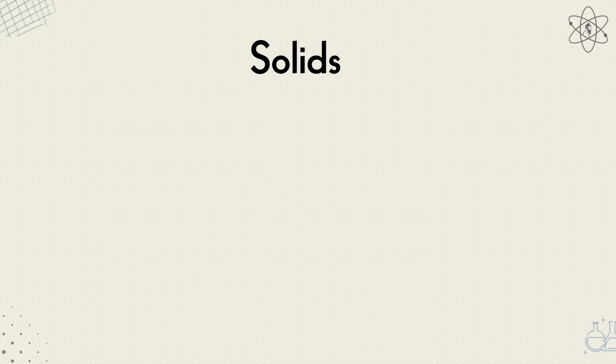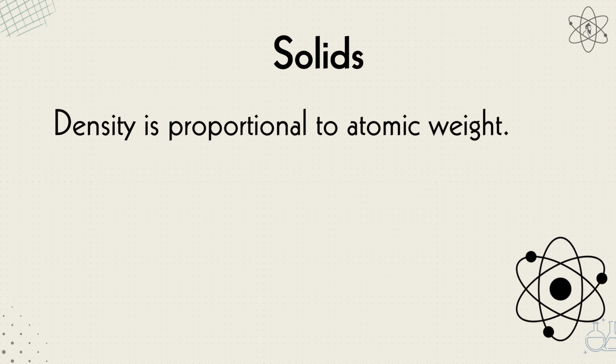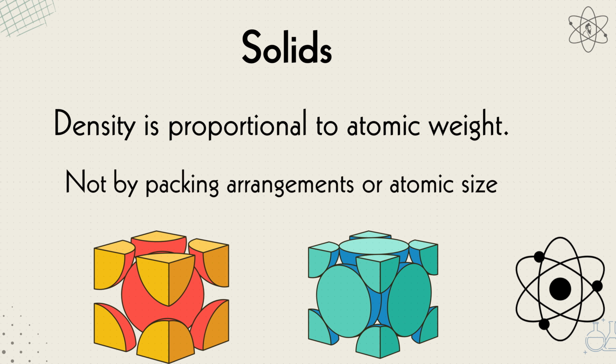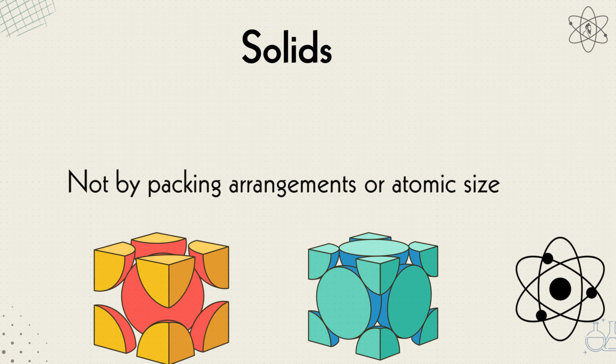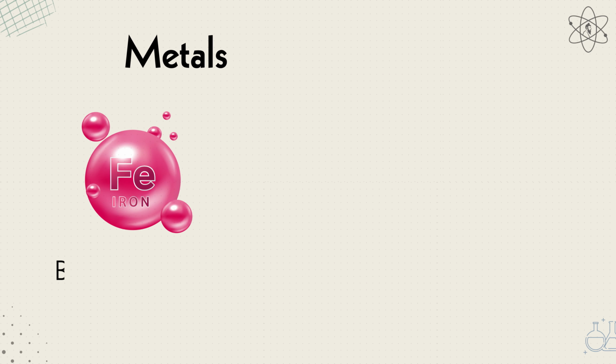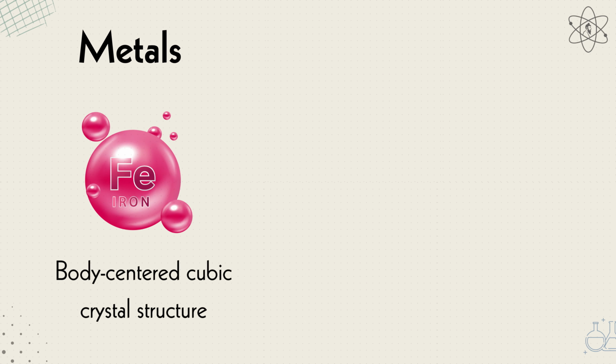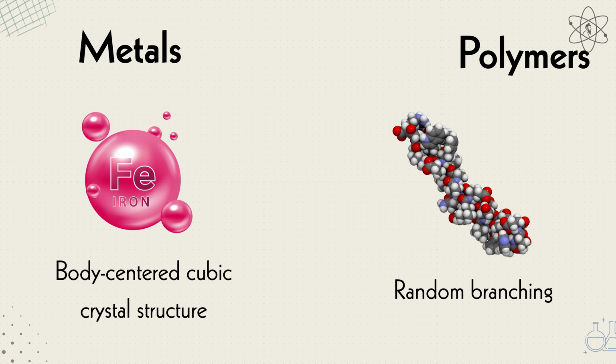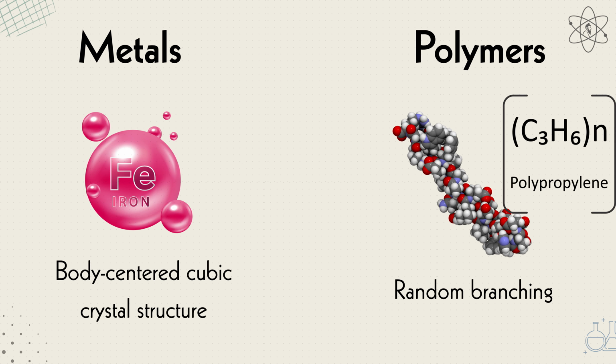This means that a material's density is determined primarily by its atomic weight, with atom size and packing arrangements playing a smaller role. Metals are dense because they consist of heavy atoms like iron tightly packed together. Polymers, on the other hand, have low densities due to their light elements, mainly carbon and hydrogen, and their loose molecular structure.